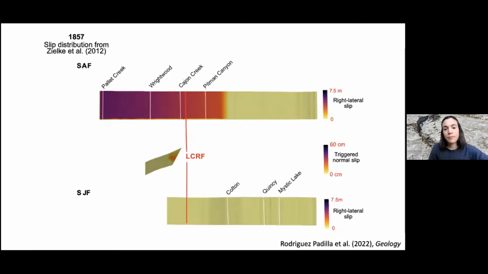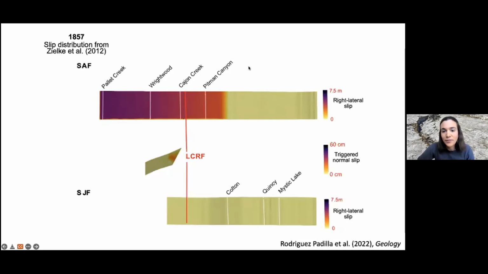So here we are placing the slip distributions from the Zielke et al. 2012 paper. This distribution carries the event farther south than the Sieh work, beyond Pittman Canyon. They have several measurements and they're ranked based on how high fidelity they are. We only use the high fidelity slip measurements in the paper. The slip distribution imposes about 10 centimeters of slip on the LCRF.